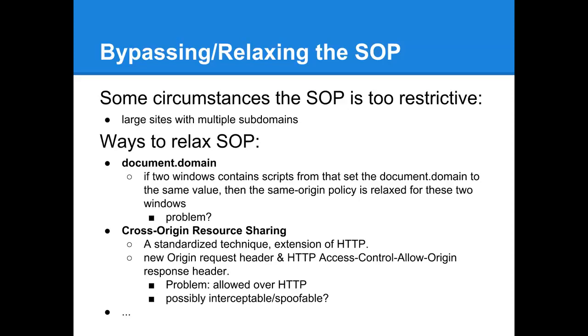If two windows contain scripts, say from a single advertiser, that happen to set the document.domain to the same value, say tracking domain.xyz, say they're an ad service that likes to track every single thing that you do, then this SOP policy will be relaxed for these two windows, and the script on each page will be able to access, alter, and read every single object on each other's pages.